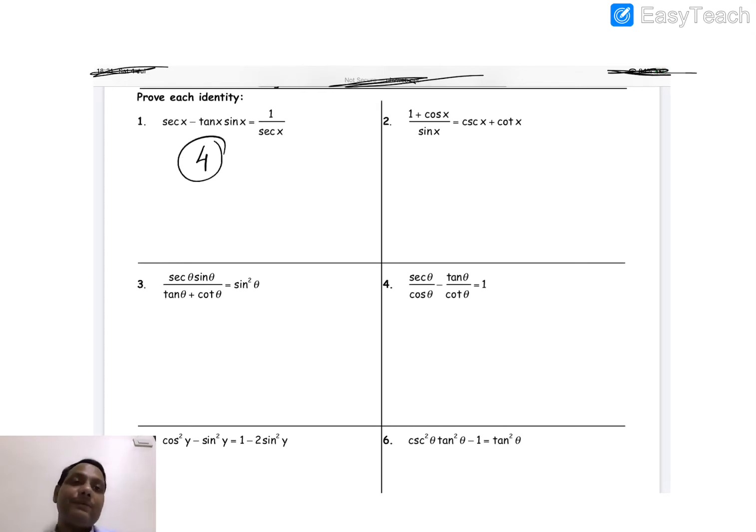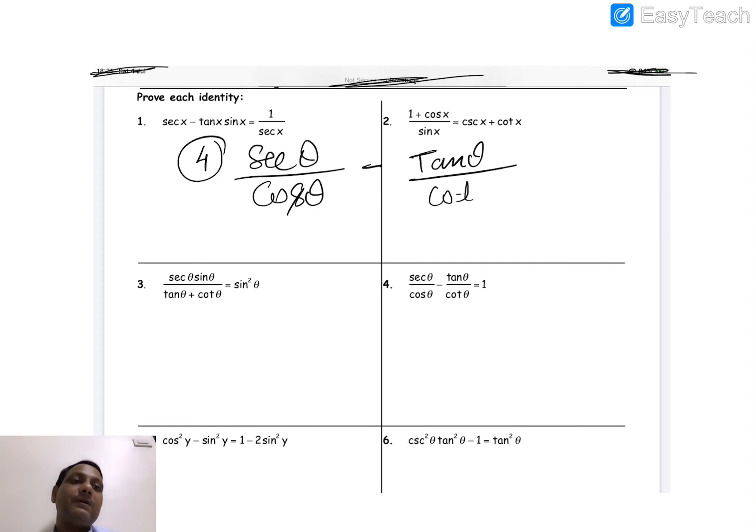We have to prove once again sec theta over cos theta minus tan theta over cot theta, and we have to prove 1. So once again, we have to take the left hand side and we'll prove the right hand side. Anyhow, we have to prove 1.